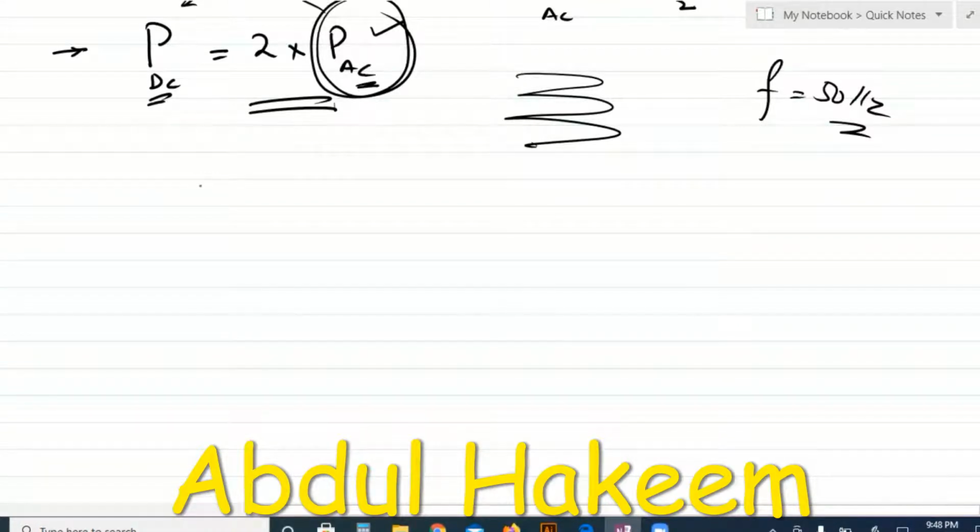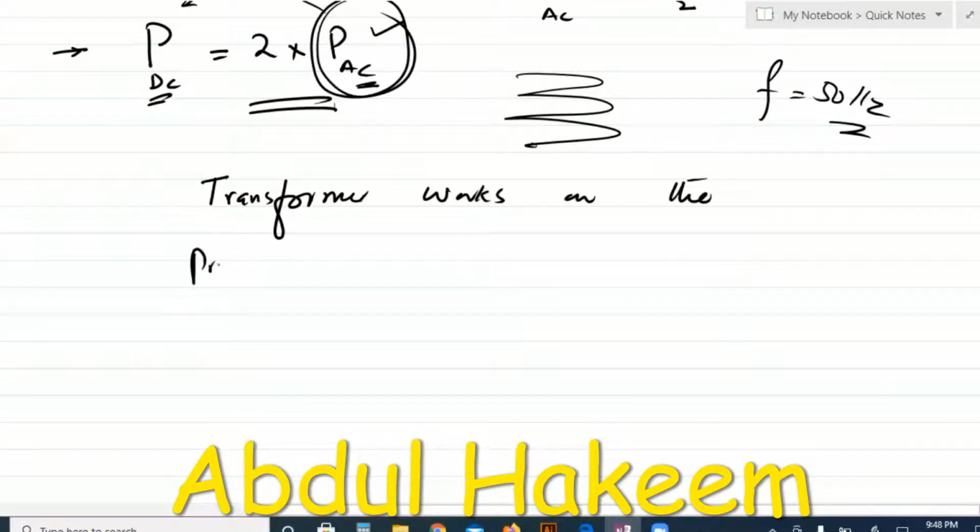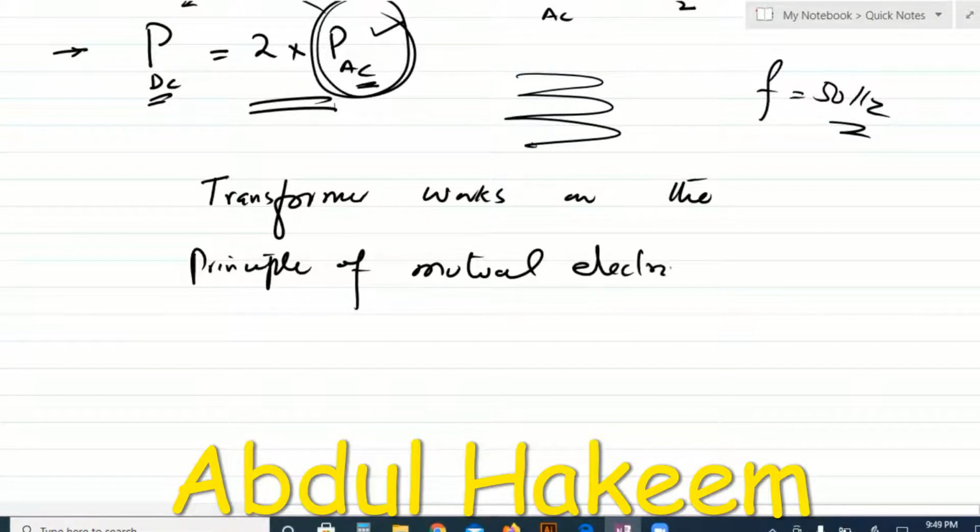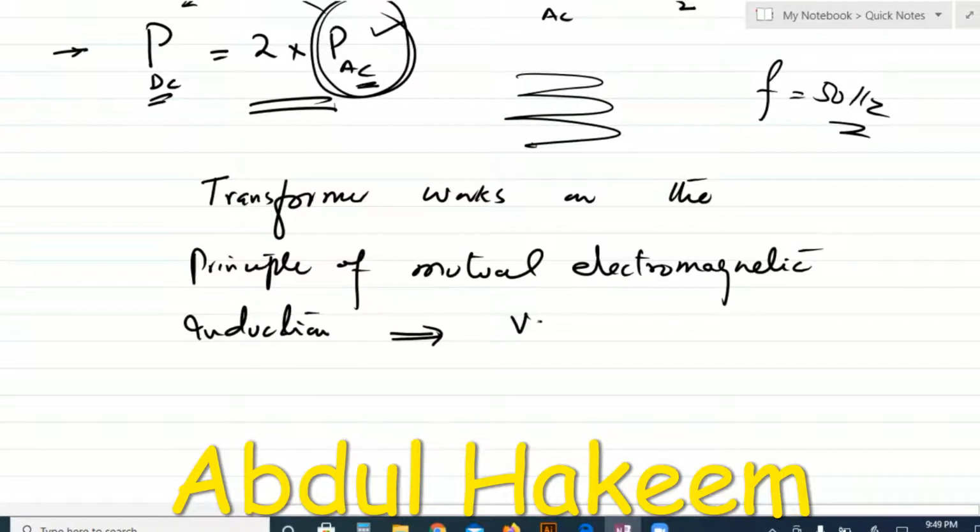Reason: the transformer works on the principle of mutual electromagnetic induction, which requires varying magnetic flux linkage.